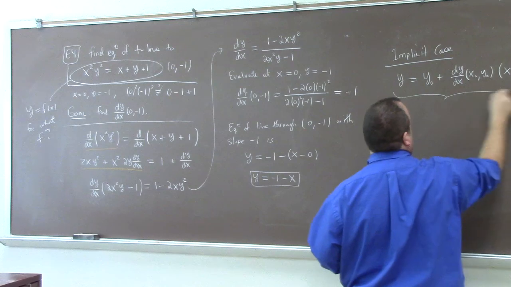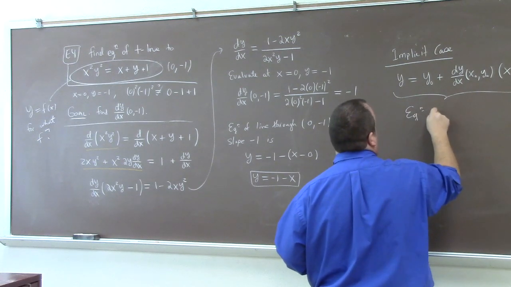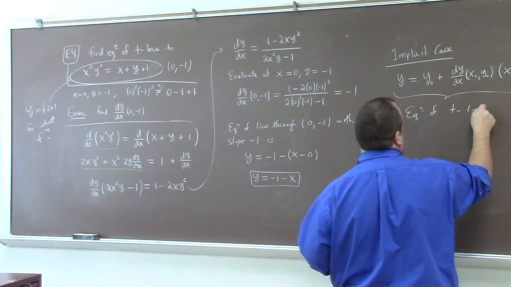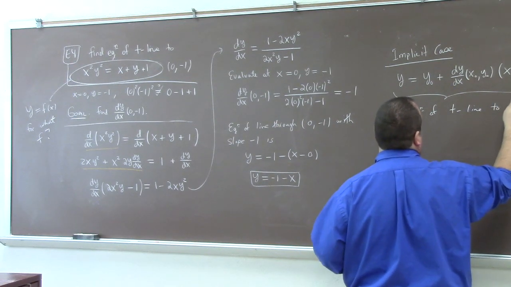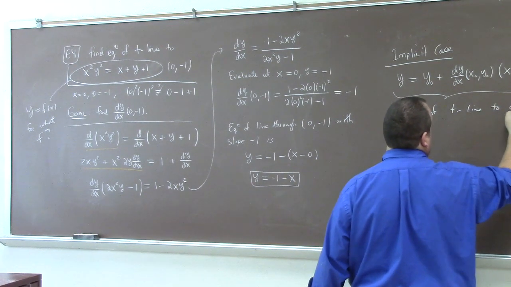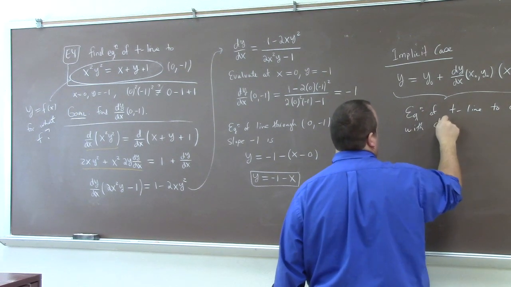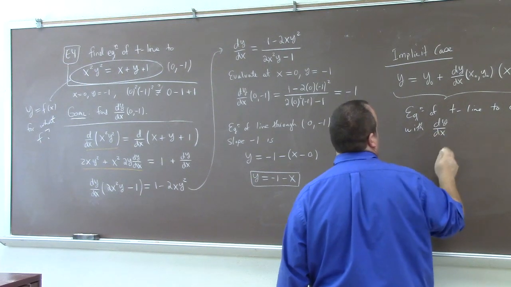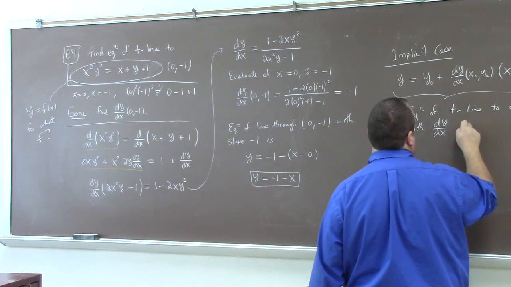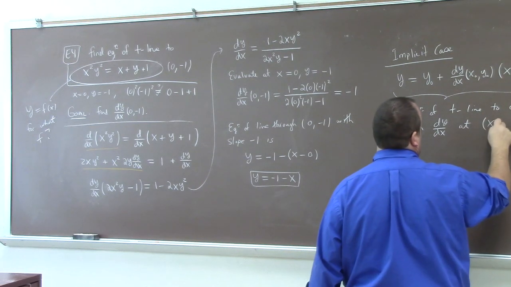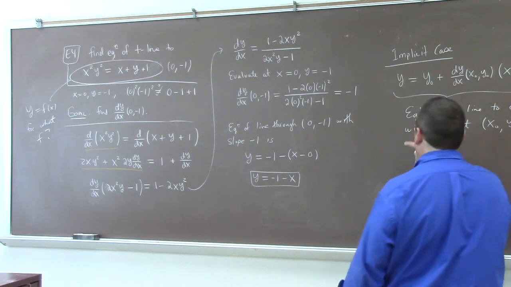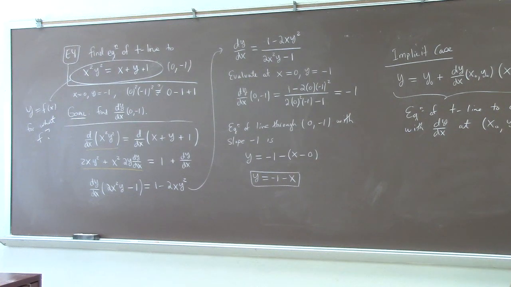This is the equation of the tangent line to the equation with dy dx at x naught, y naught. In my example, x naught was 0 and y naught was -1. The point is you have to look at x and y for the equation.